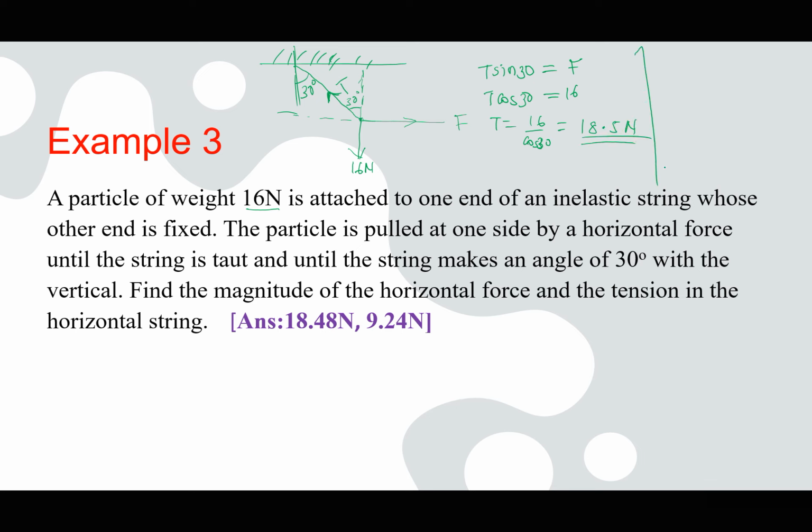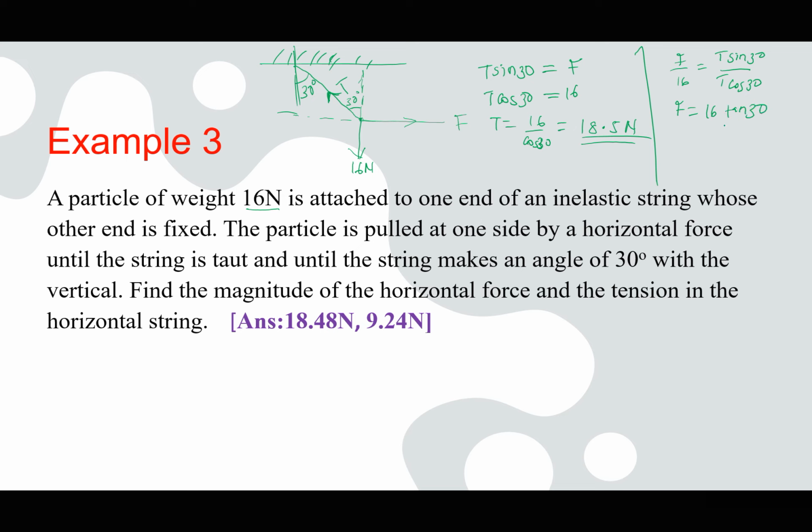Then for F, of course, F can be found in two ways. Even if I don't know T, I can still find F. I can say F divided by 16 is equal to T sine of 30 divided by T cos of 30, where T cancels out. So I can say F is equal to 16 tan of 30, because sine 30 over cos 30 is tan.